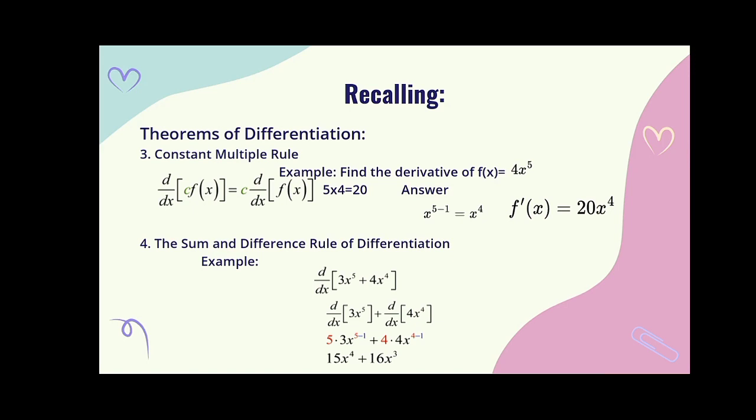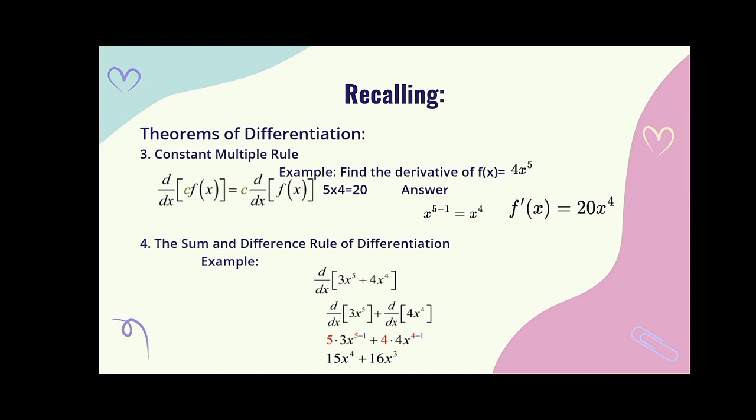We will multiply the exponent 5 to the coefficient of x, which is 3. So 5 times 3 is equal to 15. Then we will deduct 1 from 5. So 5 minus 1 is equal to 4. So it will become 15x raised to 4, which is the derivative of 3x raised to 5.